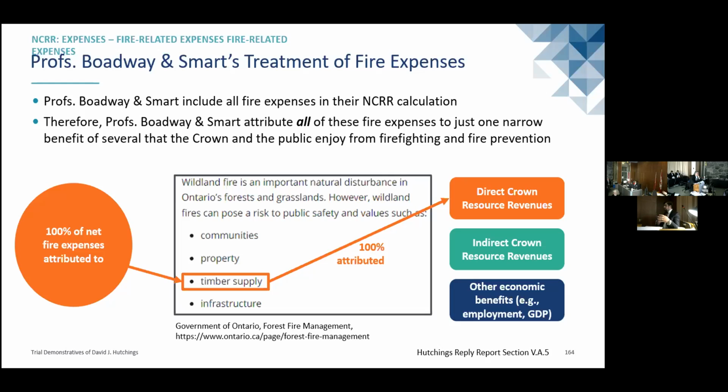But if you want to rewind the clock, maybe, and say 100 years ago or 150 years ago, we were, for whatever reason, never going to develop forestry industry. We wouldn't just forego the stumpage charges and ground rent and bonus that we calculate. We'd forego all these other benefits as well, the indirect Crown benefits and the other economic benefits of the prosperity of maybe fewer people working, less employment, etc.